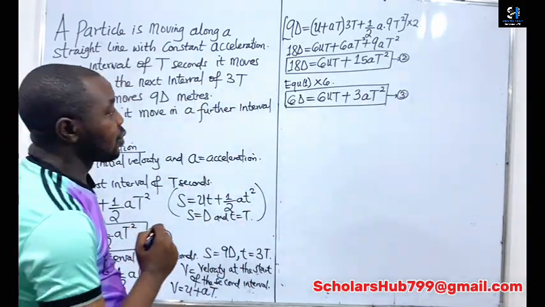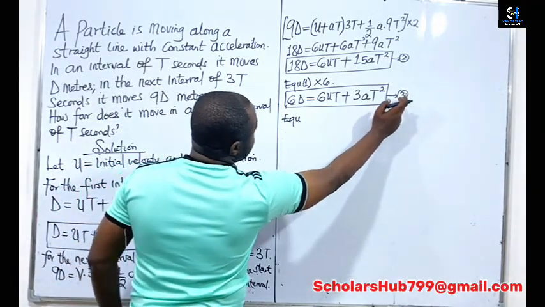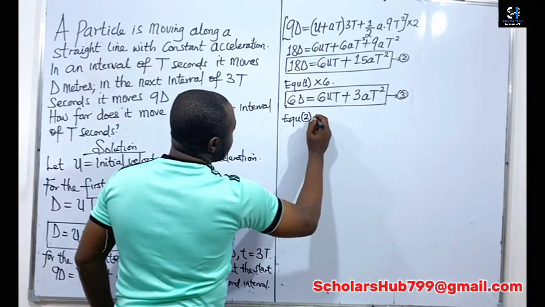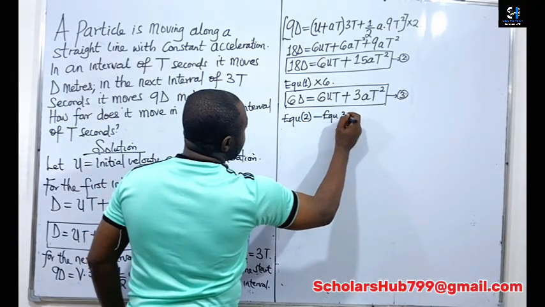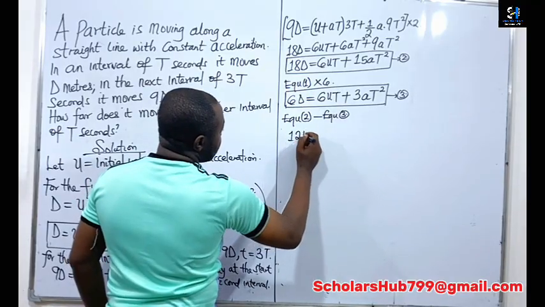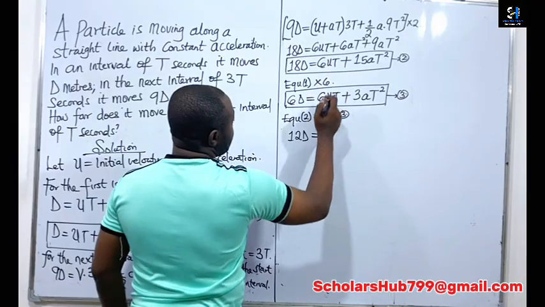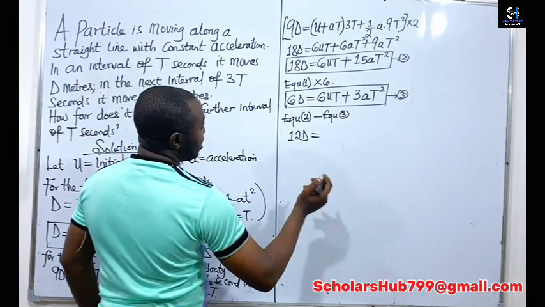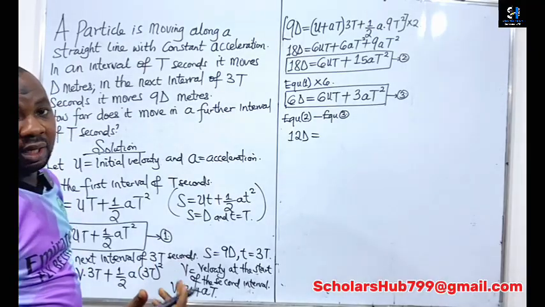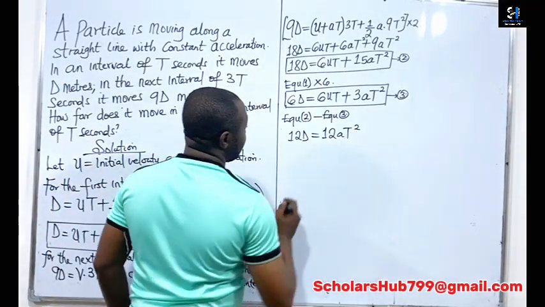Now let me subtract equation 3 from equation 2. So 18d minus 6d is 12d, equals 6ut minus 6ut, that will be 0, plus 15at squared minus 3at squared, that will be 12at squared.